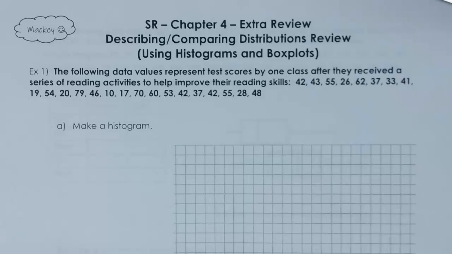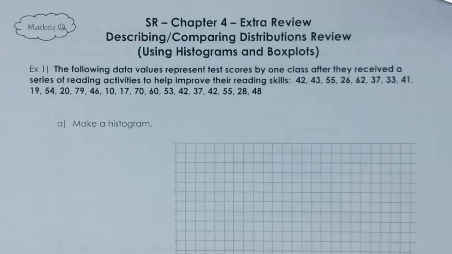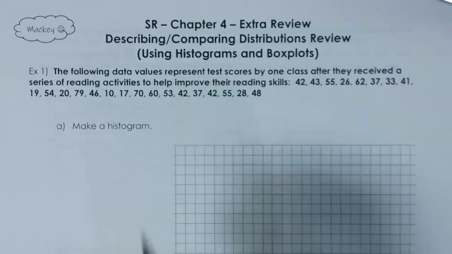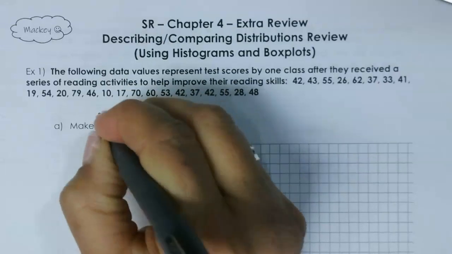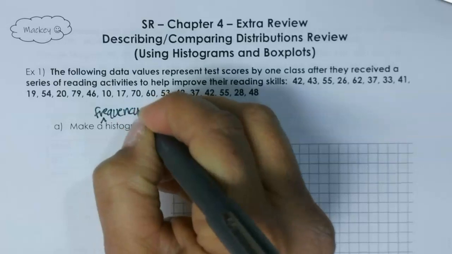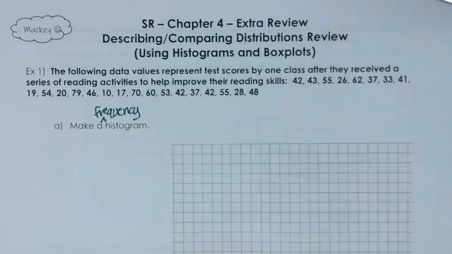Now, do we need a 5-number summary for a histogram? We don't. But what we do need for a histogram is a frequency table. And when we make a histogram, I'm going to call this a frequency histogram as opposed to a relative frequency histogram.